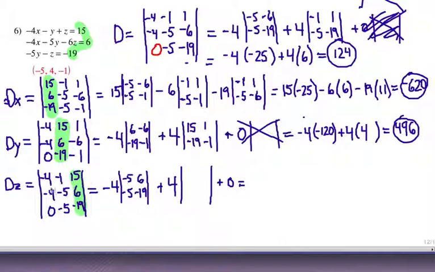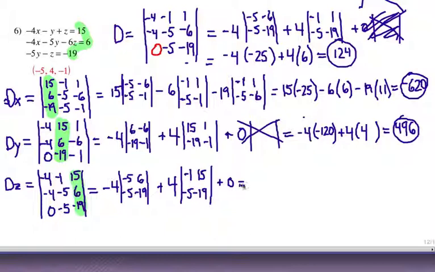Okay. And in this group, the 4 is negative, but remember we're subtracting. Don't forget that sign change right there. And that is in the second row, first column. So we're going to grab these two numbers, -1 and +15, and -5, -19 again.